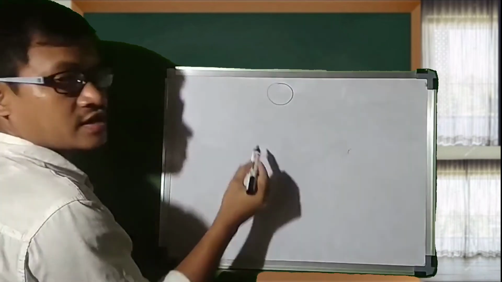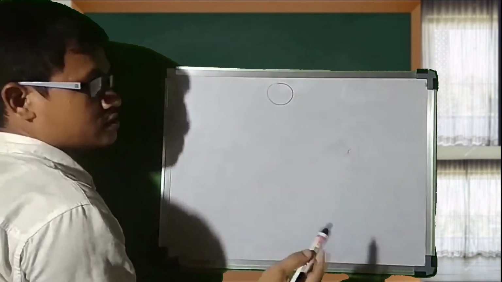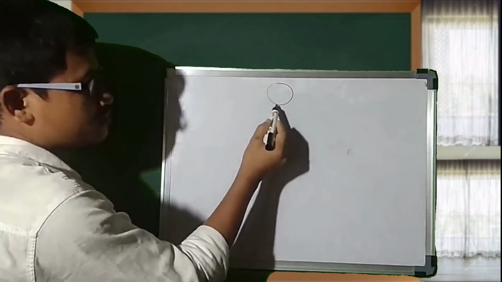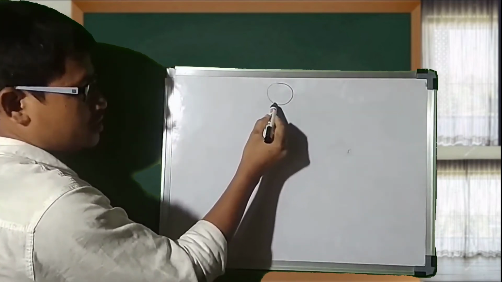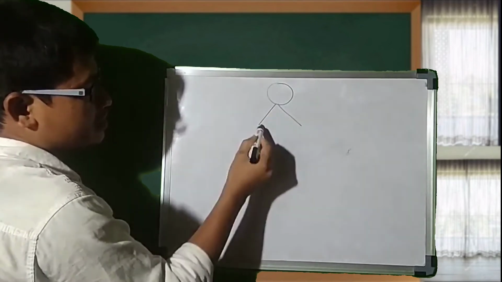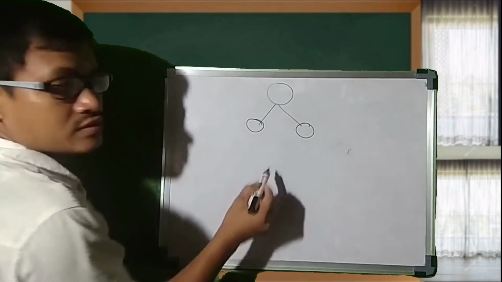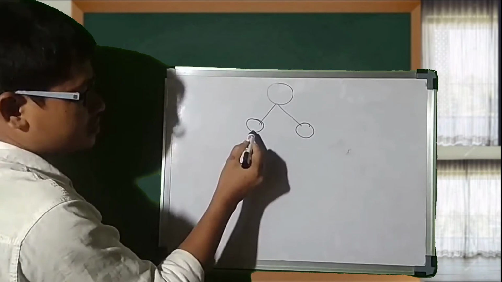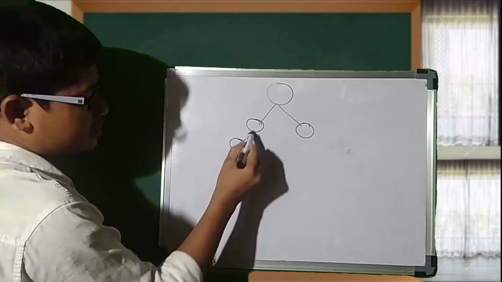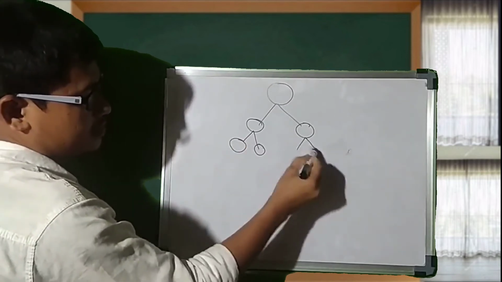Suppose this is a matter. So what do the scientists or philosophers do? They start dividing. Suppose they make two equal halves. Then again dividing.